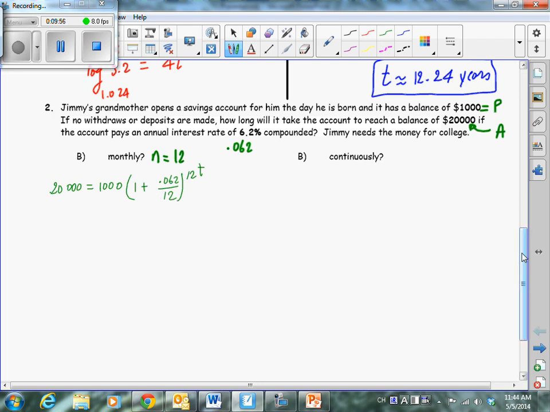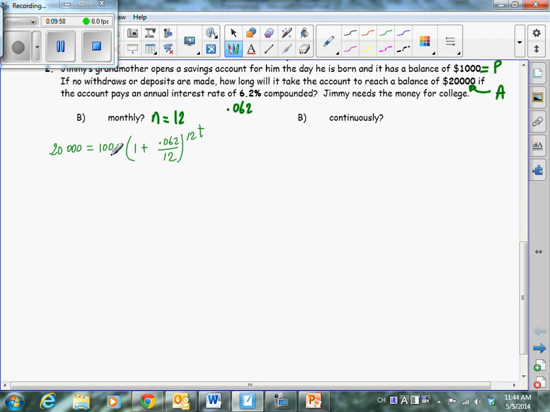Now, if I divide both by 1,000, I will get 20 is equal to, who will give me this value? I'll need your calculator once you get the chance. So I got 1.005.